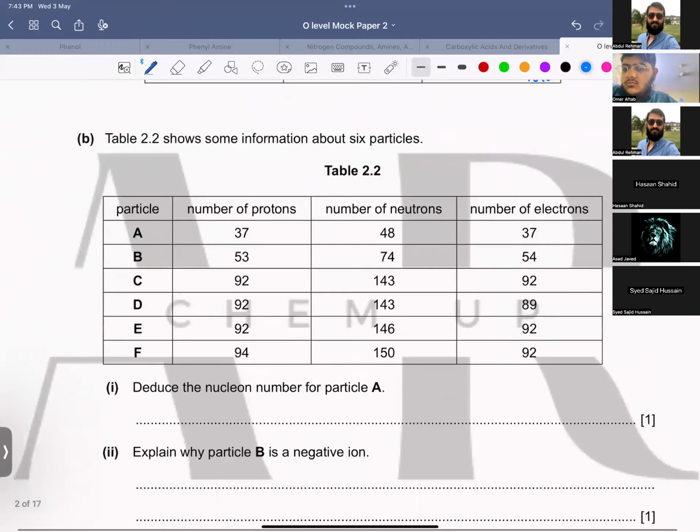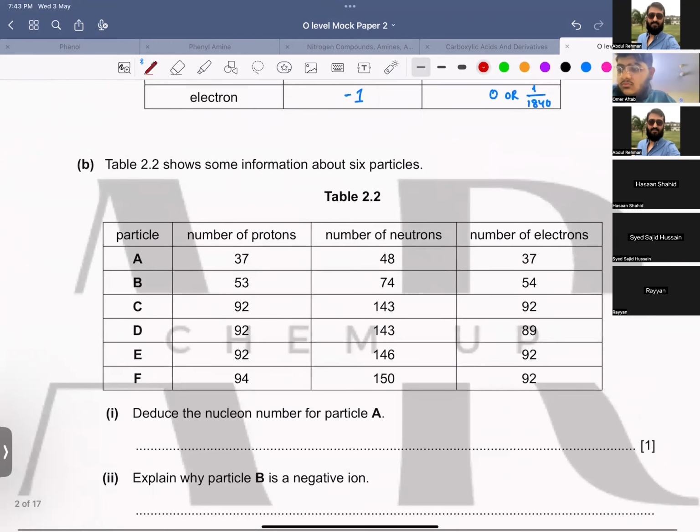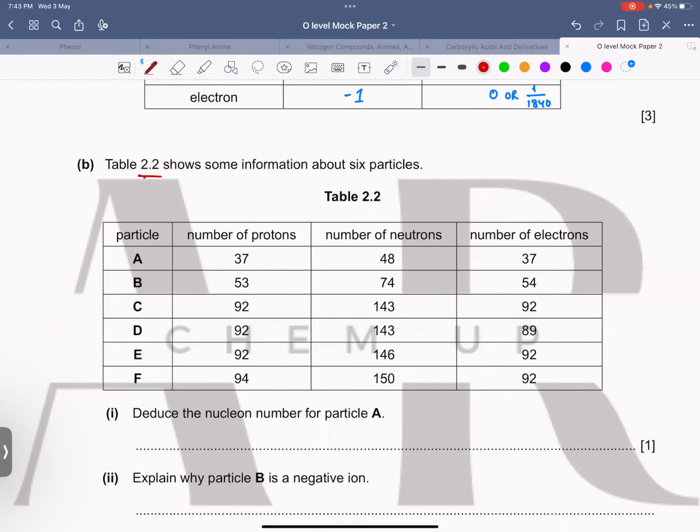Now, next, table 2.2 shows some information about 6 particles. Okay.